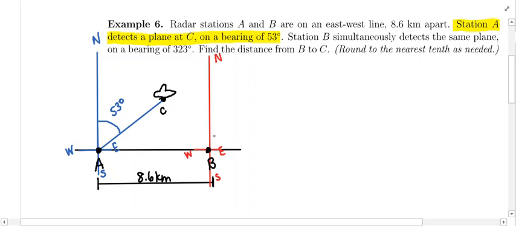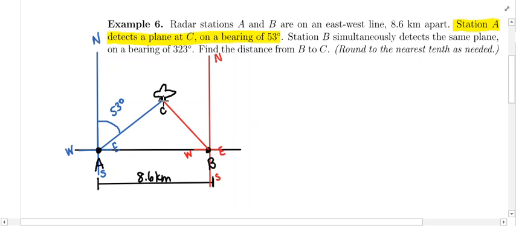This time the bearing is going to be 323 degrees. We need to align ourselves with due north, and then rotate clockwise 323 degrees. This is going to be 90 degrees, this is going to be 180 down here at due south, then this is 270 degrees, and so basically 323 degrees.